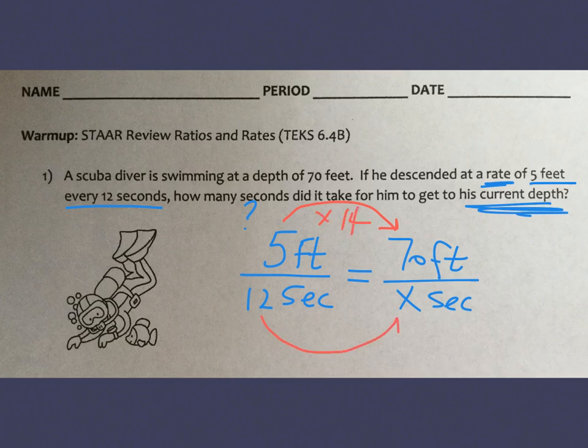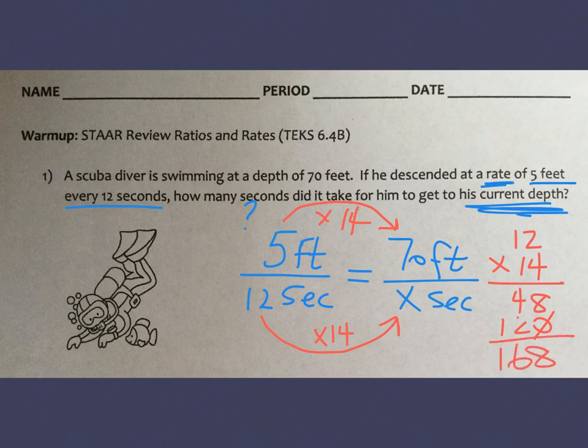So if I multiply my number of seconds by 14, I'll have my answer. 12 times 14. 168 seconds. 168 seconds to get to 70 feet.